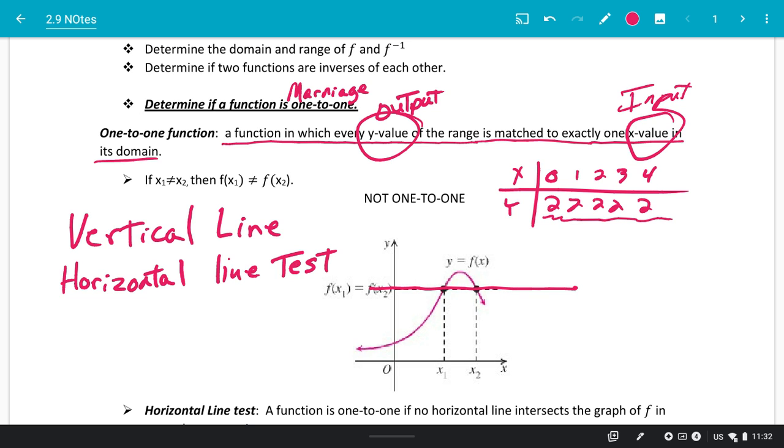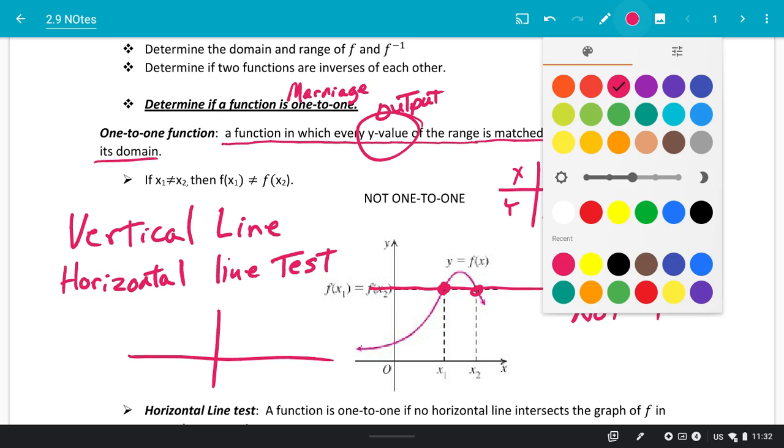For example, this function given to us fails. Therefore, it is not a 1-to-1 function. Cool? So if you have a graph, you can use the horizontal line test. Or you can just take whatever function you have and graph it. How about this function right here?